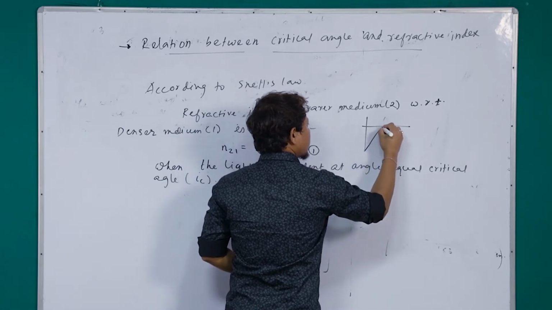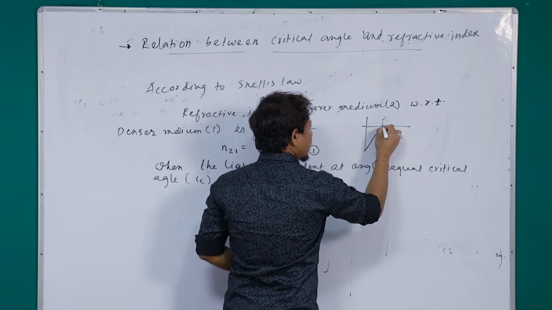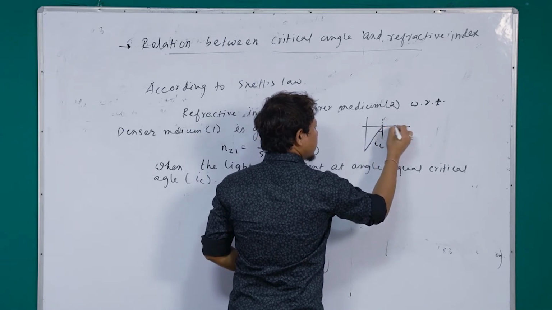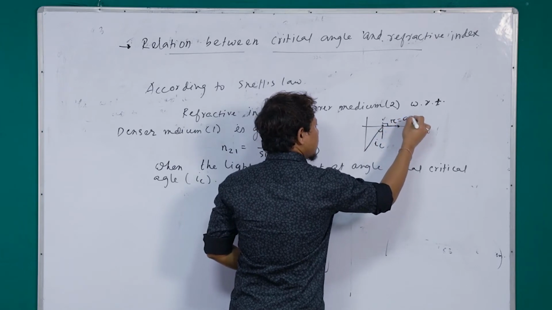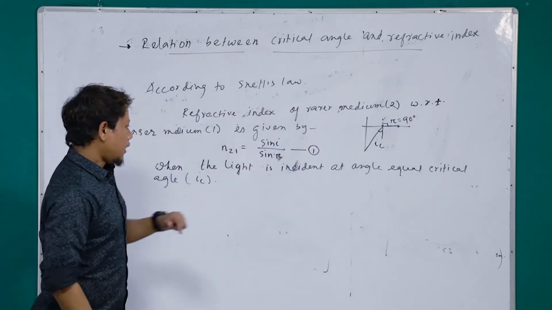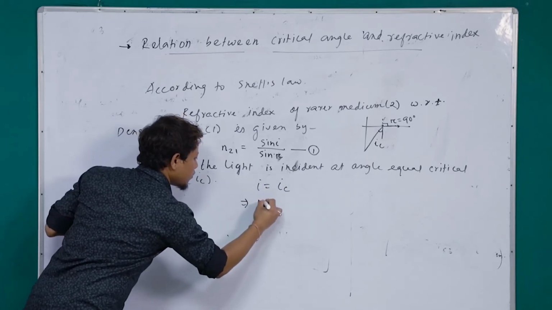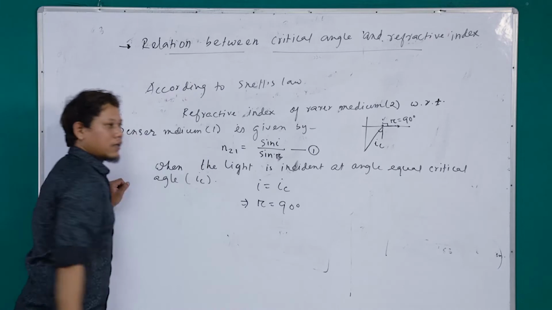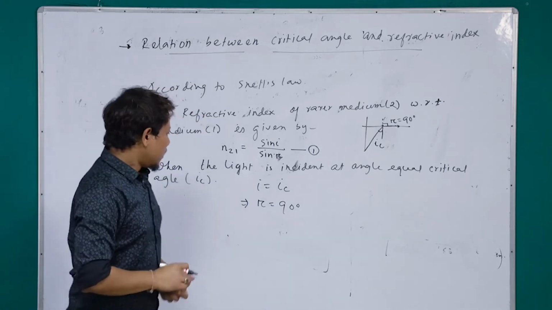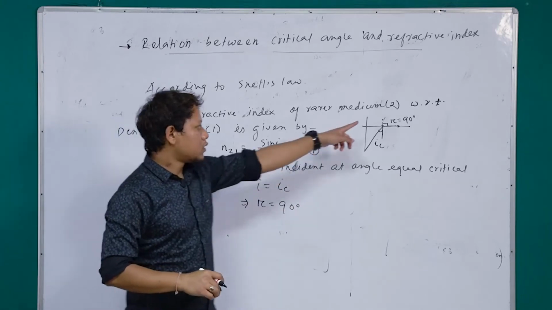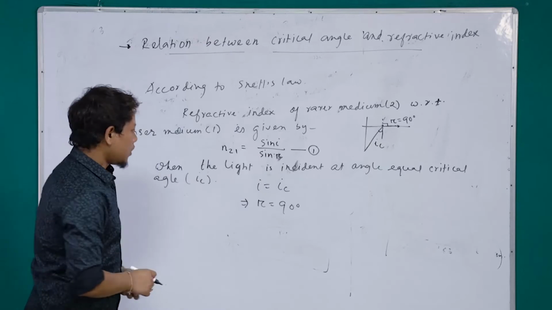The ray of light, this is the normal, and this angle is IC. Then the refracted ray grazes along the interface. So in this particular case, our angle of refraction must be 90 degrees. So when the angle of incidence I equals IC, this implies that the angle of refraction is 90 degrees. Whenever the light ray is incident at an angle equal to the critical angle, our angle of refraction must be 90 degrees. Now we will put this condition in equation number 1.